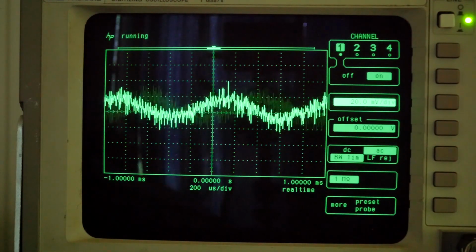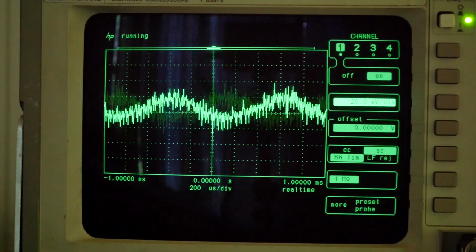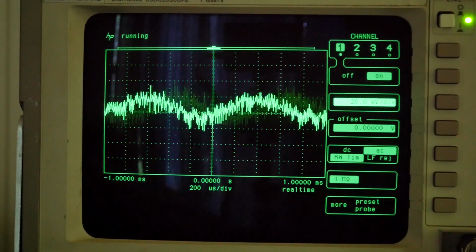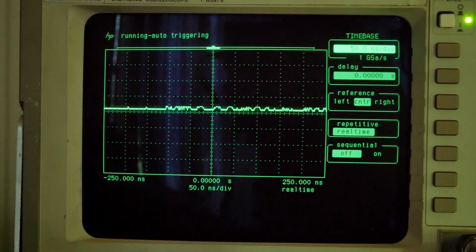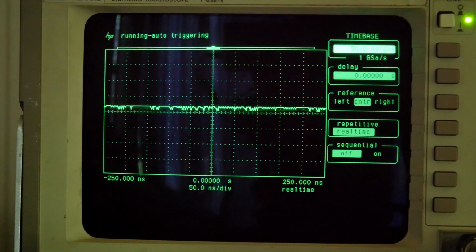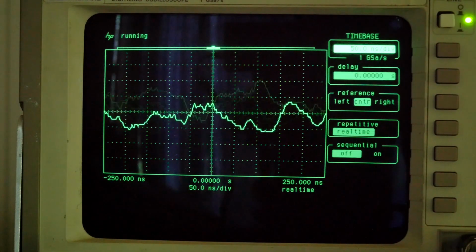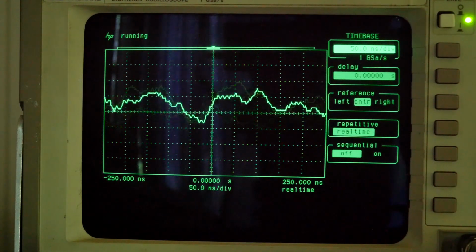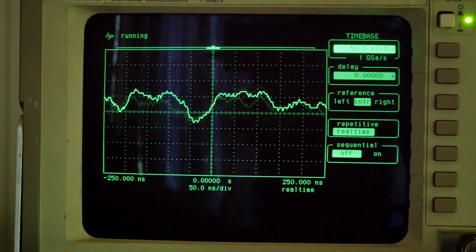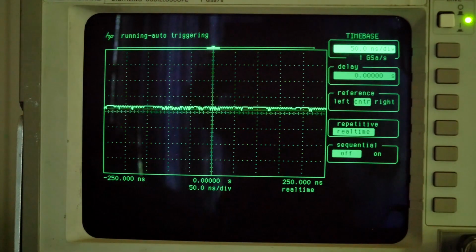That's something of a worry, and what I'll do is I'll change the time base and we'll just get some sense of the kind of frequencies we're dealing with there.